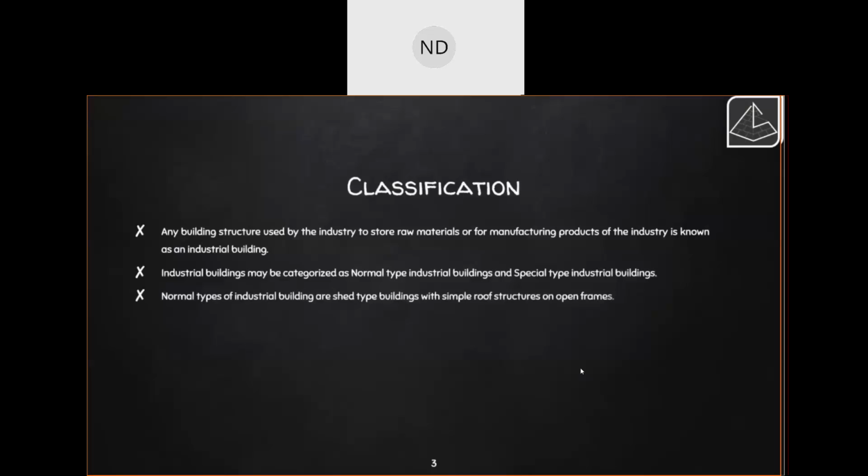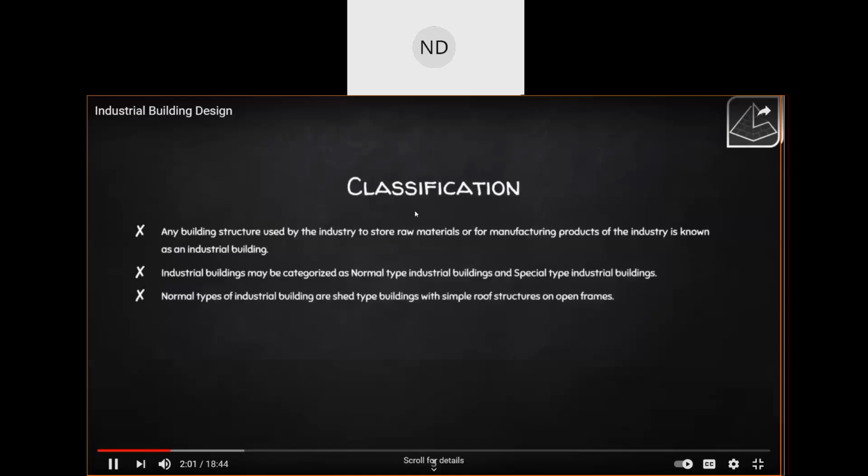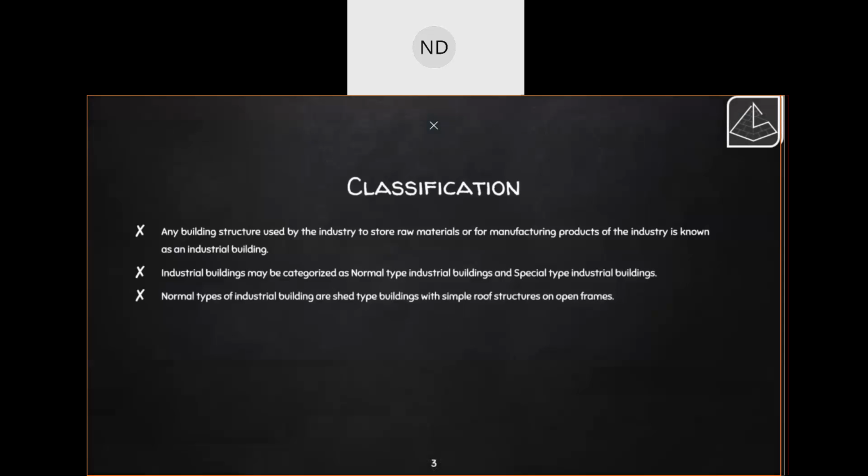So industrial buildings may be categorized as normal type of industrial buildings and special type. Normal type of industrial buildings are shed type buildings with simple roof structures on open frames. These buildings are used for workshops or warehouses.